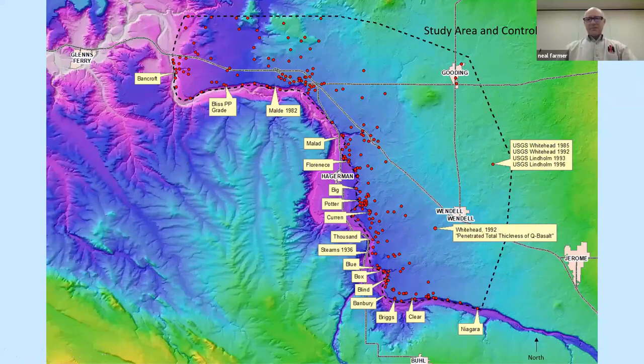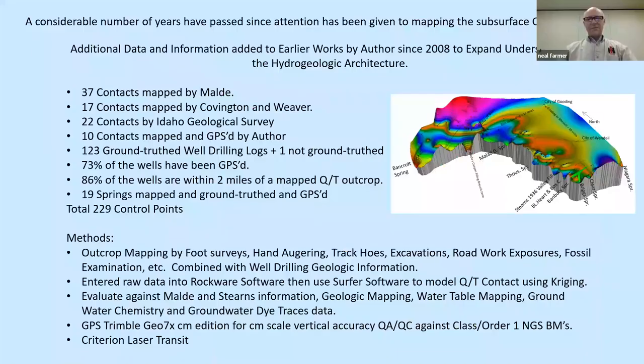This is overlaid on just a colorized NED or DEM map. The model used 86 contacts mapped by a number of different entities and 123 ground truth well drilling logs, and 73% of those were GPSed. 86% of them are within 2 miles of a mapped QT contact.